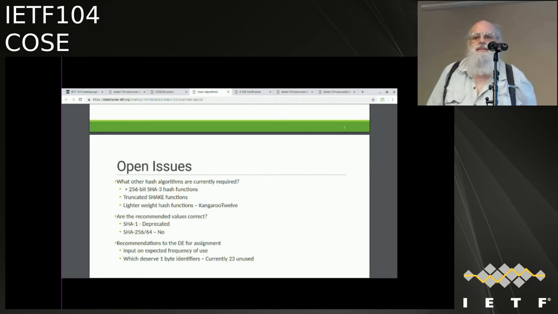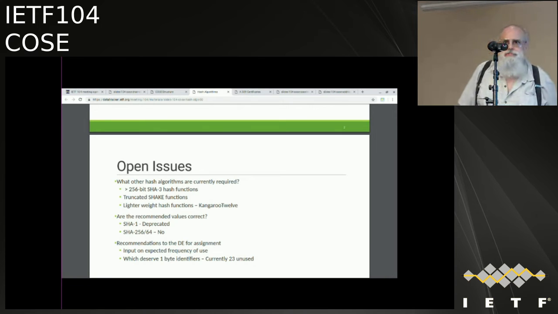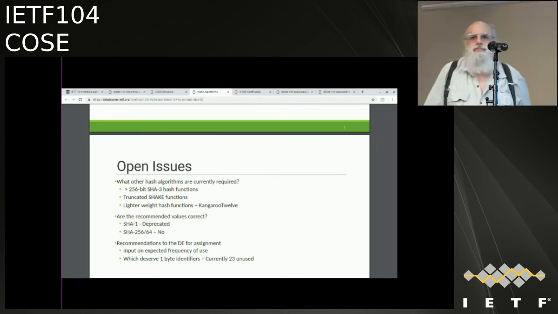John Mattsson: I think how often it is used is not the only criterion. It's probably how often this is going to be used in a very constrained environment. If it's very well used in a cloud environment where you have no constraints, you can assign something bigger anyway. So, yeah. Just a comment from the SUIT perspective: the current version of the draft is actually importing hash identifiers from the named information draft.